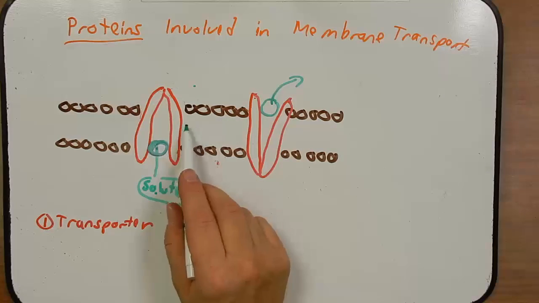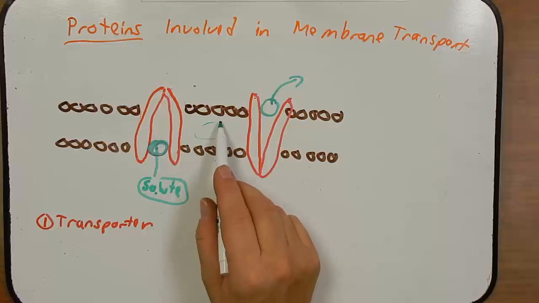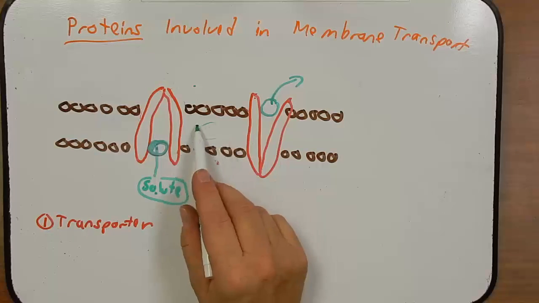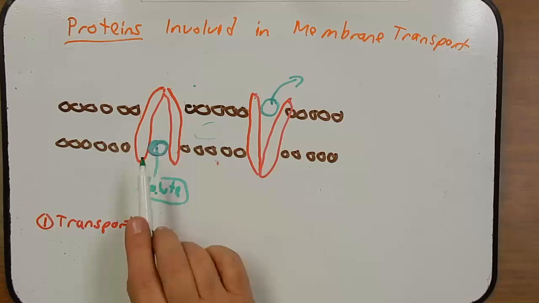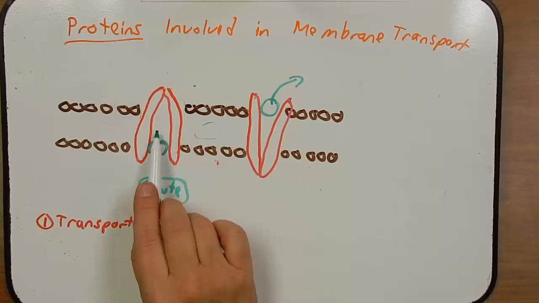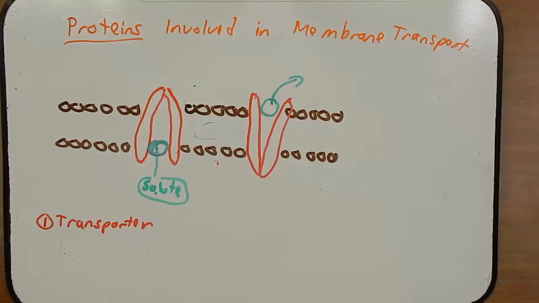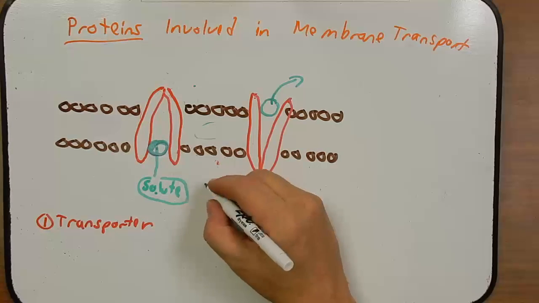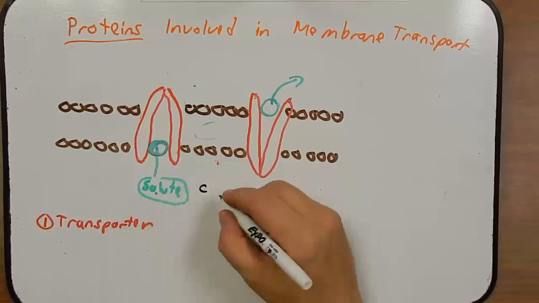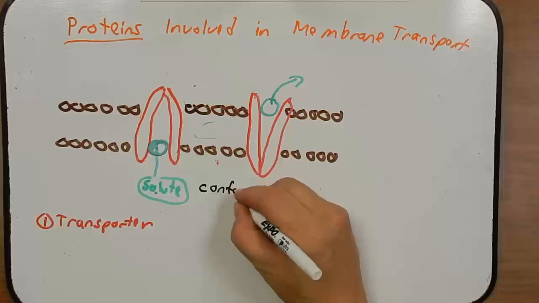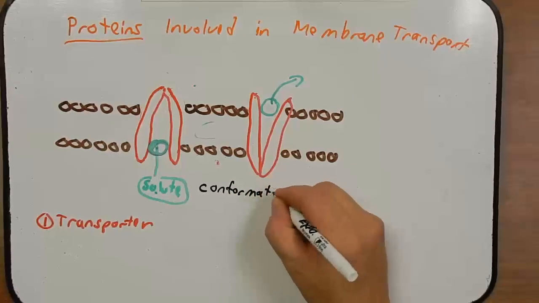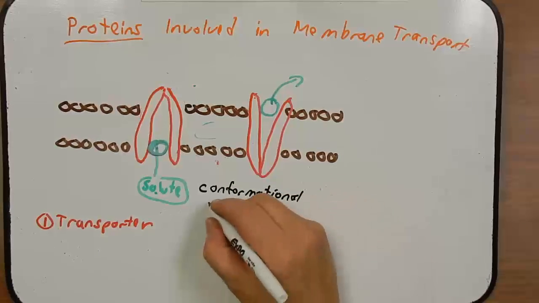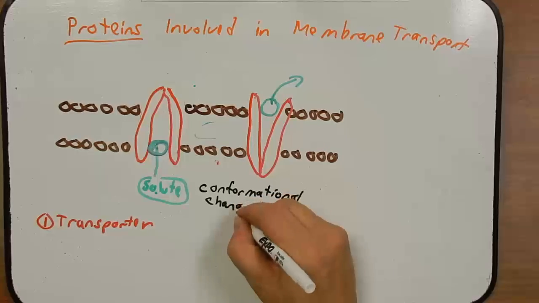It never had to find a way to dissolve in this nonpolar environment. It was able to bypass the membrane by using these transporter proteins. And I want to write that word I said here because it's an important word when we're considering this kind of movement. Conformational change. It requires this conformational change once it binds the solute.